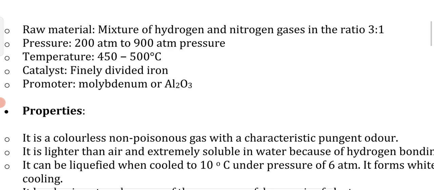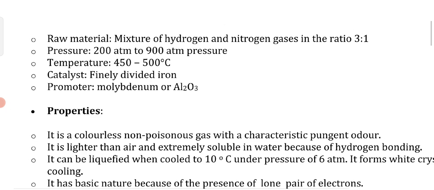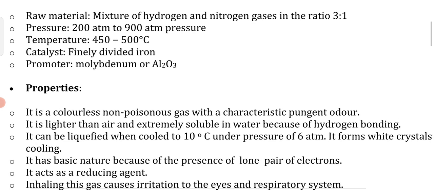Some conditions are required: pressure should be 200 atm to 900 atm, temperature should be 450 to 500 degrees centigrade, and the catalyst is finely divided iron, with a promoter such as molybdenum or alumina, that is Al2O3. So these conditions are required for the production of ammonia by the Haber process.